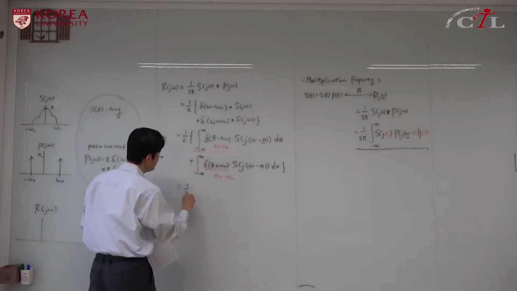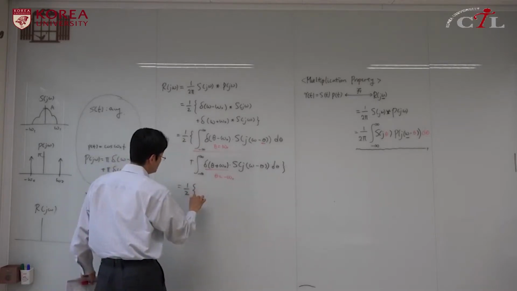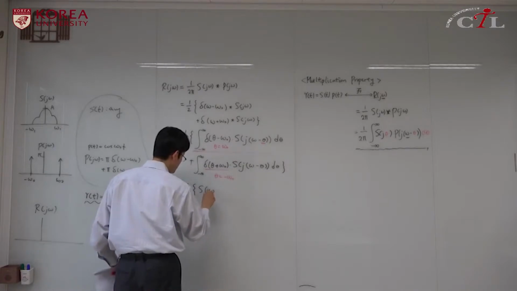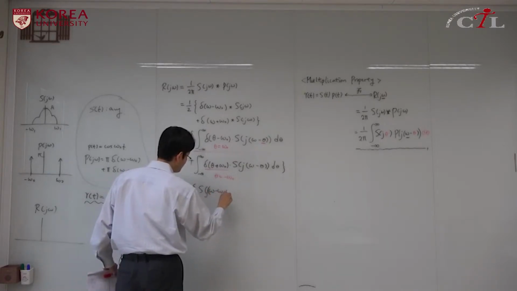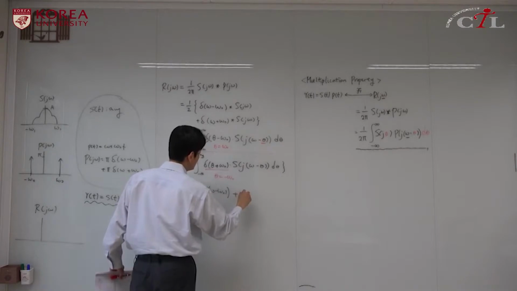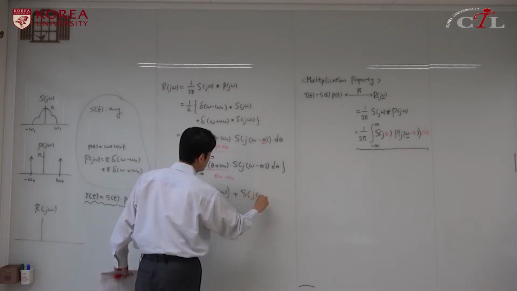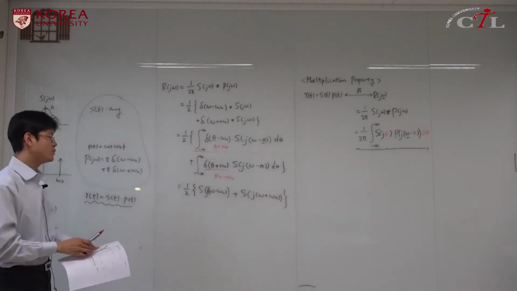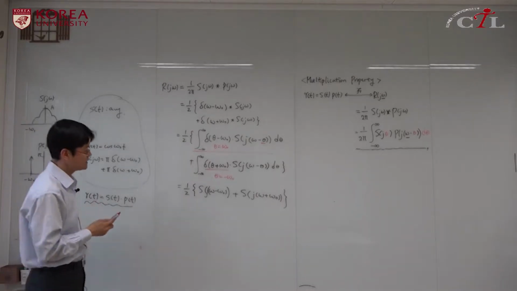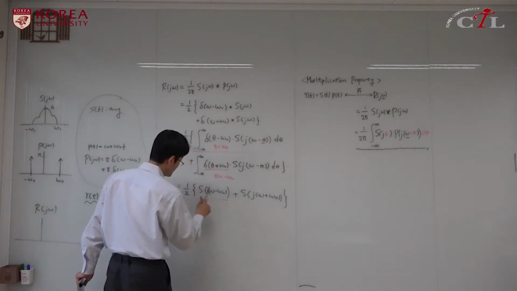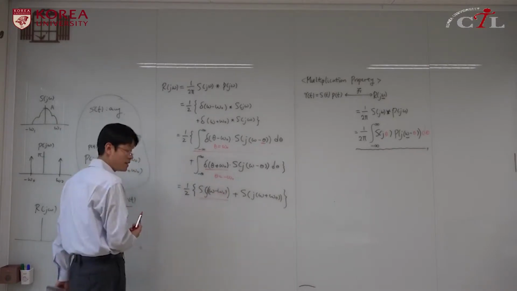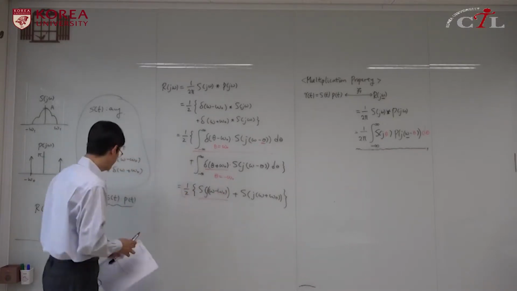So finally we have half S(j(ω minus ω0)) plus S(j(ω plus ω0)). Then what happened is that the original S(jω) is shifted by ω0 and scaled by half.